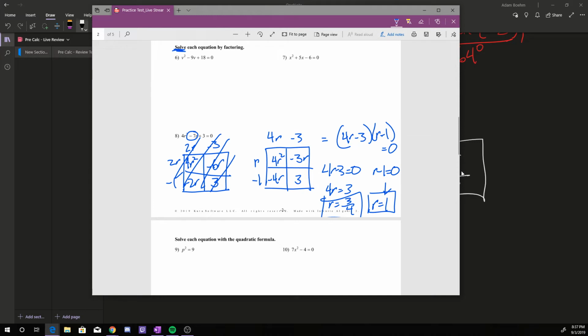And then -3 times -1 is +3. So you would just FOIL out our factors in order to check. But if you use this box method, it really shouldn't matter, because you should get the middle term.